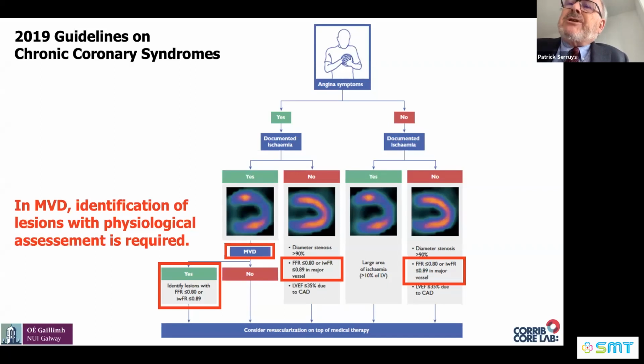If the angina symptom is there and you don't have a positive thallium scintigraphy, then you have to do an FFR or IFR. And then in multivessel disease, even if you have a positive thallium scintigraphy, for identifying the lesion that you have to treat, you have to do an FFR or an IFR. Next.